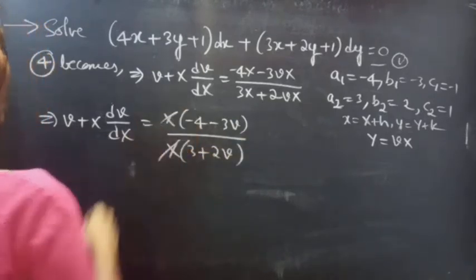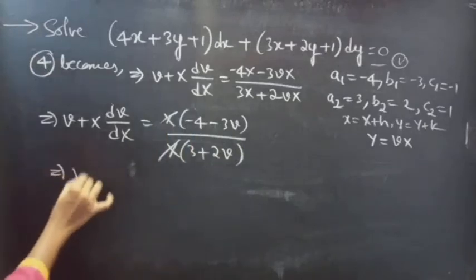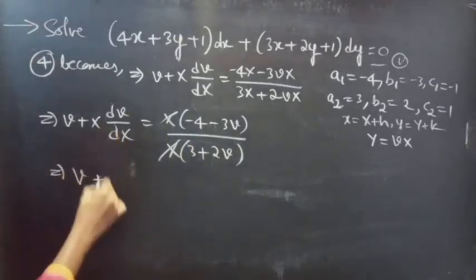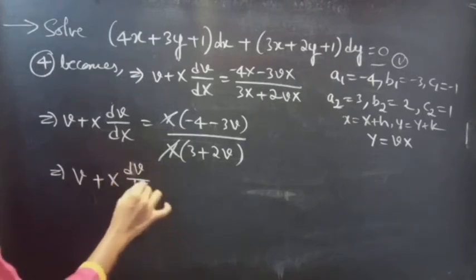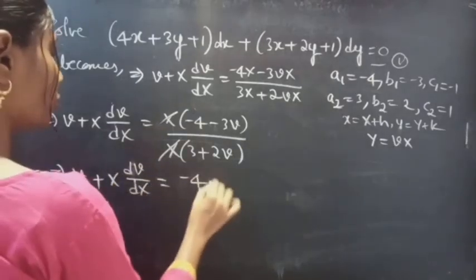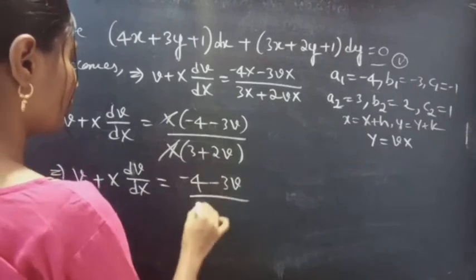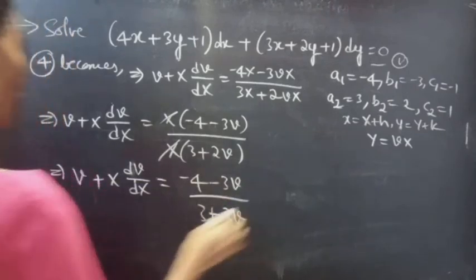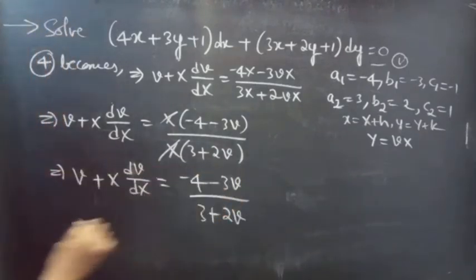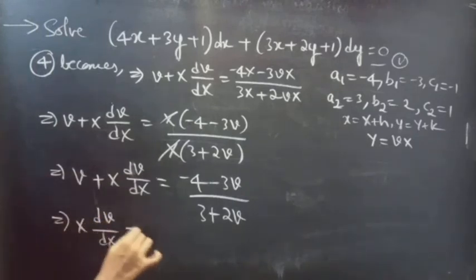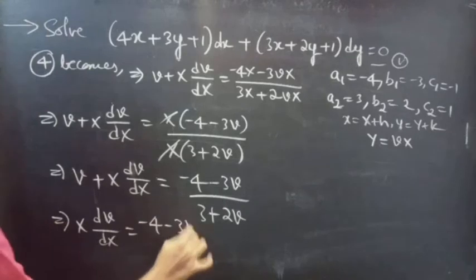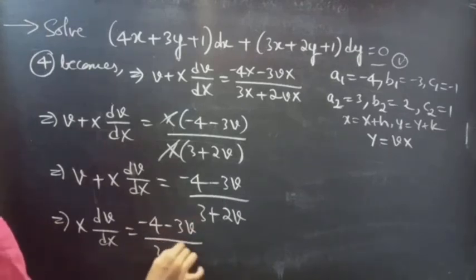Now we can cancel x, we'll get v plus x into dv by dx equals minus 4 minus 3v by 3 plus 2v. Now take this v to the RHS, you'll get x into dv by dx equals minus 4 minus 3v by 3 plus 2v minus v.